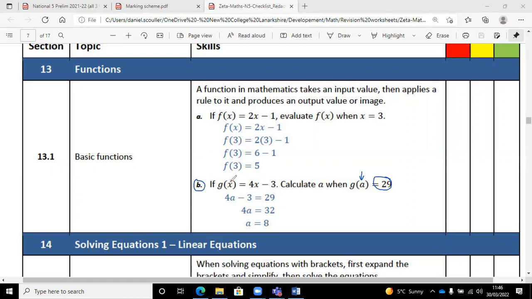Okay, so what do we need to put in that position to get to equals 29? Okay, so we need to do that function equal to that and then solve for the missing letter. So that part B is what we got given. Okay, they can ask it in two different ways.